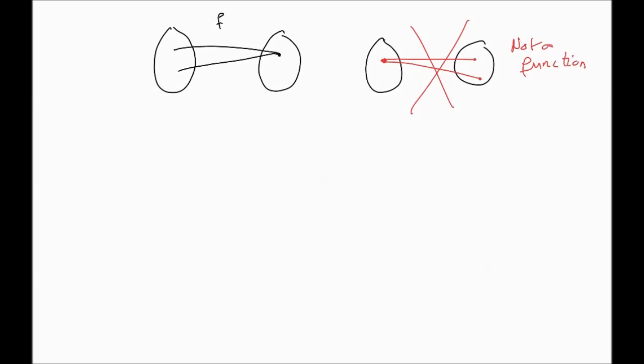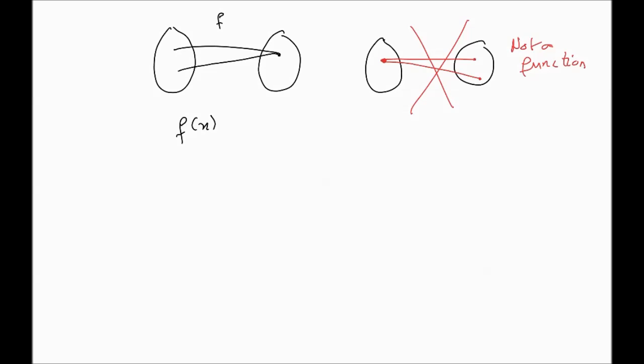Not a function. Okay, one value can be mapped to only one value. Now it's no problem if 2 different values from the left side, or from the domain, are mapped to the same value on the other side, in other words, on the range or the codomain, but not the other way around. So this is a very important property, and the one key property that defines a function. All right, that's basically the definition of a function.